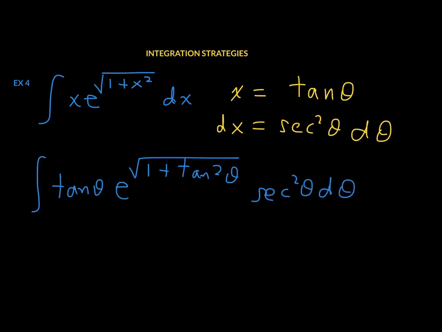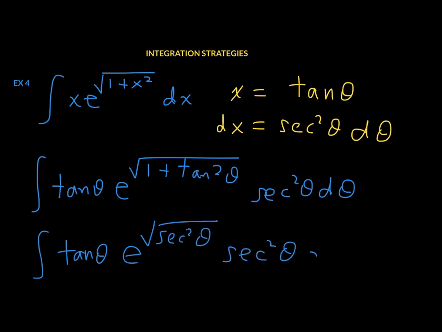Remember that by the Pythagorean identity, 1 plus tangent squared of theta is equivalent to secant squared of theta. So then this is tan theta e to the power of the square root of secant squared theta. And then we have down here secant squared theta d theta.